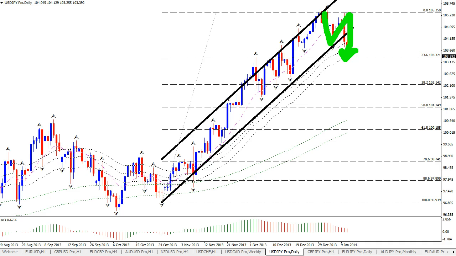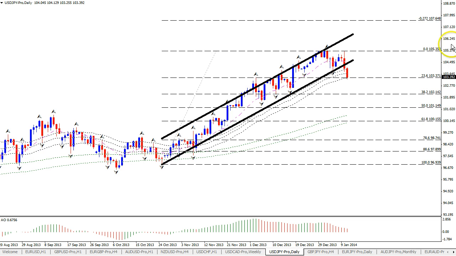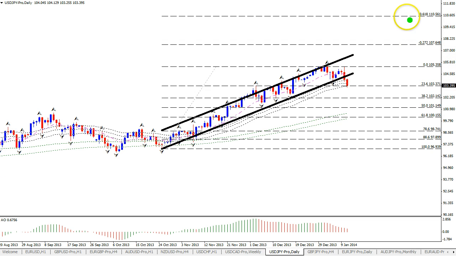So with this downside, does that mean the uptrend is over? In my opinion, it is not. I still think that this fib is in fact valid from the bottom to the top. And I am expecting a turnaround at the 38.2 or maybe even the 23.6, although the 38.2 is the most likely fib. Together with the support level, I do expect more upside. The targets then are here at 107.50 and the minus 618 at 110.50.